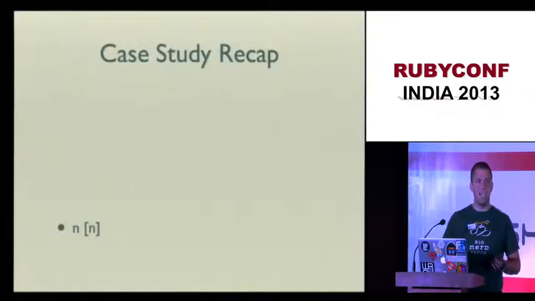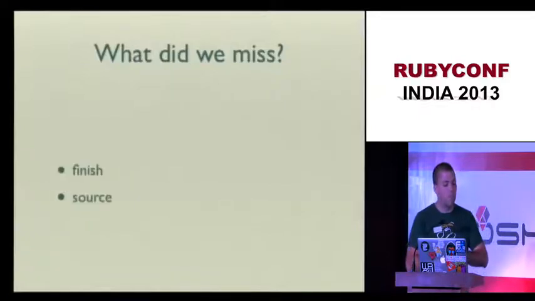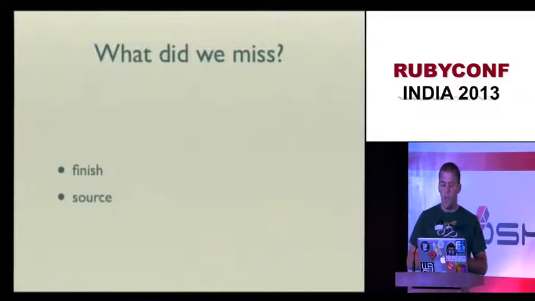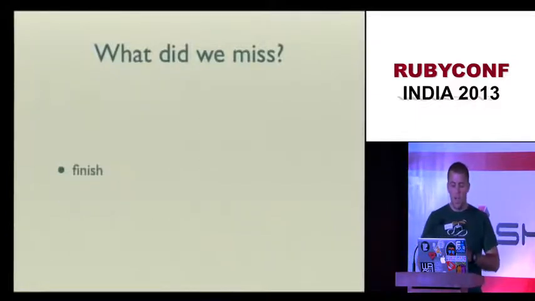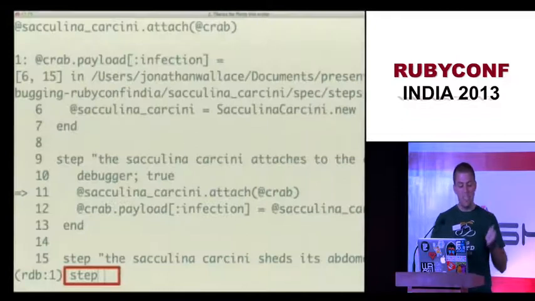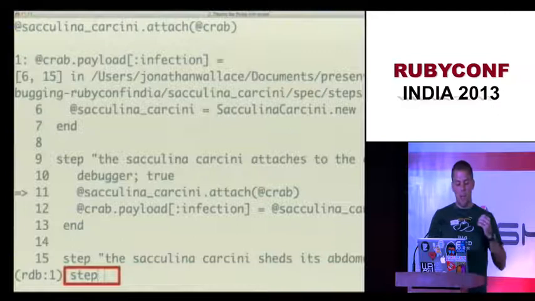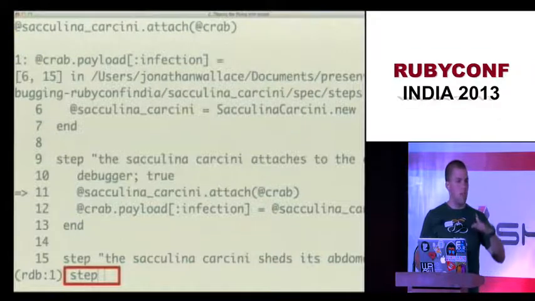But there's a couple of things I didn't cover in our case study that I think are super important, that I think you should know before you walk out of this room. Finish is another command that's useful. Finish is nice. We could have used it in this demo, but we didn't. If you remember when we stepped into the attach method, we were at a finer level of detail, a level of abstraction that we weren't interested in.